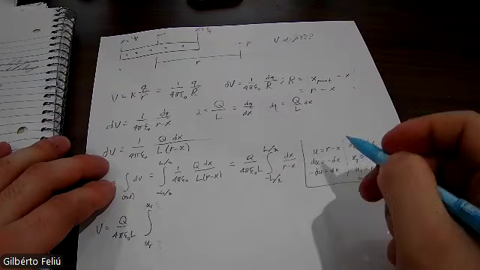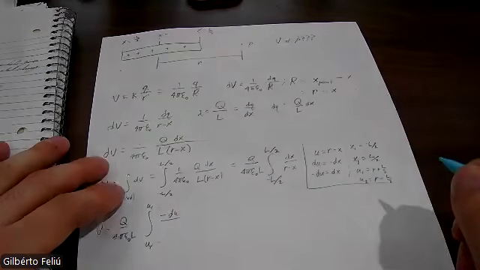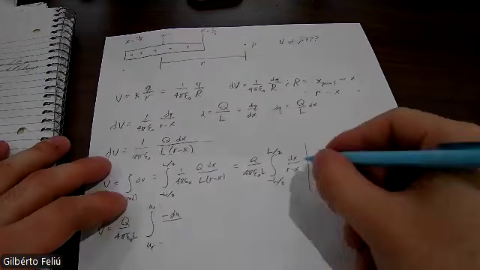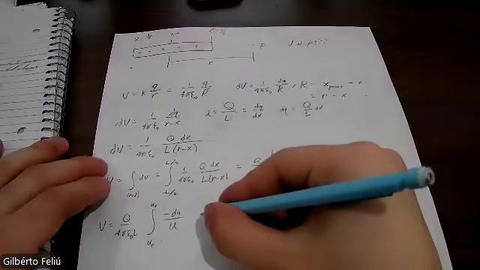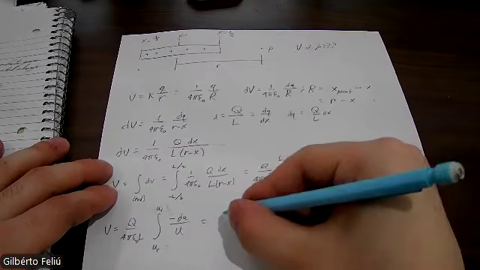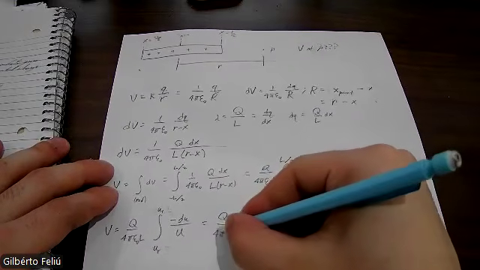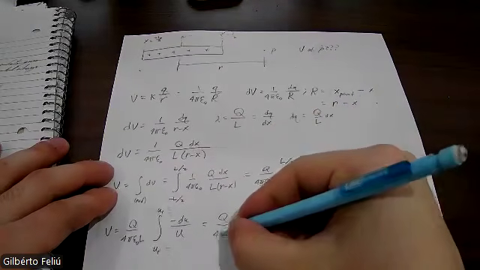dx is just negative du over r minus x. We defined that to be u. So we have u, and if you remember, when you have a negative integral, you just flip the bounds.